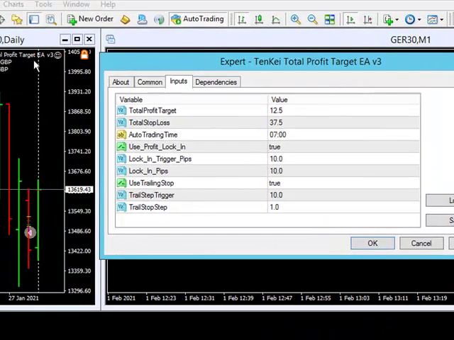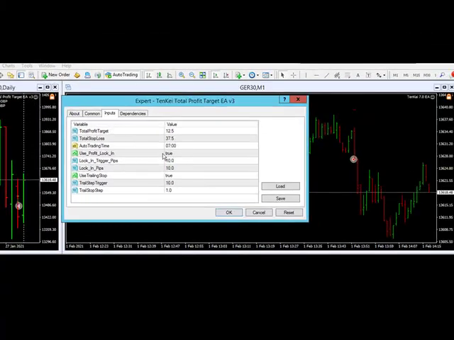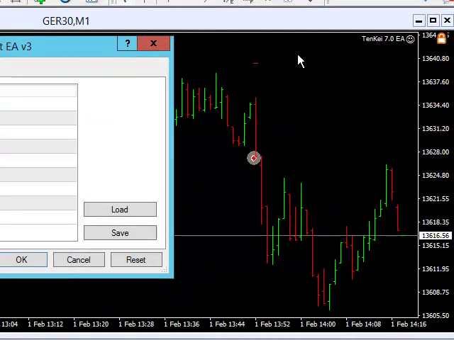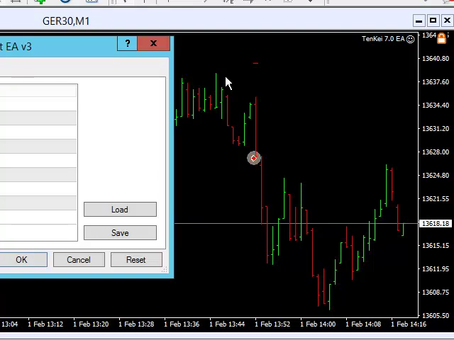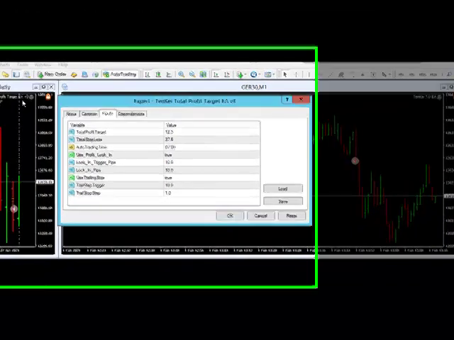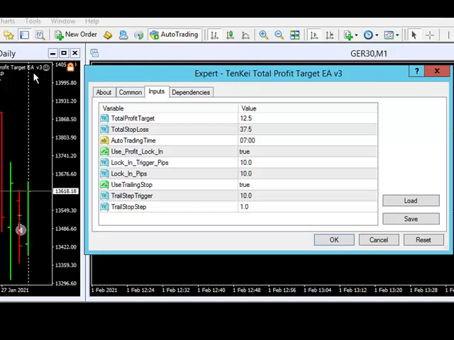It's a good idea to reload your EAs if you have the TenKei TPT, total profit target, and the TenKei 7.0 EA, every weekend so they can run smoothly throughout the week, because we run these EAs all week, generally 4 to 5 days a week, 24/7. So they never shut down because we're using a VPS, which we'll tell you about another time.